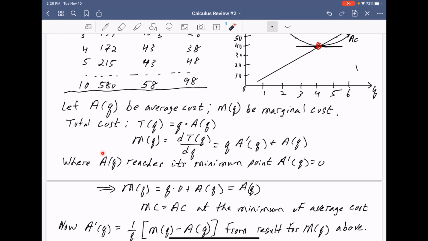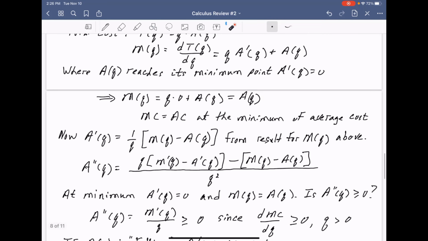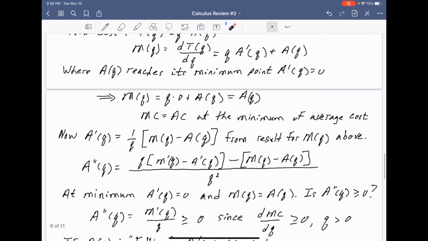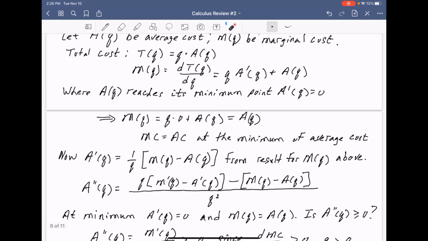The average cost, this AQ, reaches its minimum point at the first derivative of the average cost function. The marginal cost curve can be written as Q times 0. All right, the 0, of course, comes from the fact that A prime Q is 0 at its minimum plus AQ, so that means that the marginal cost is equal to the average cost at the minimum of the average cost.